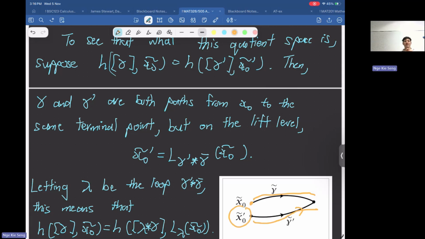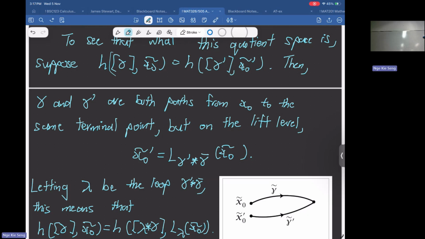This is the picture; this happens if the two endpoints are the same. Then what you see from this picture is this equation: how you go from S not tilde to S not prime theta. It's just doing one loop and then traversing the other loop.